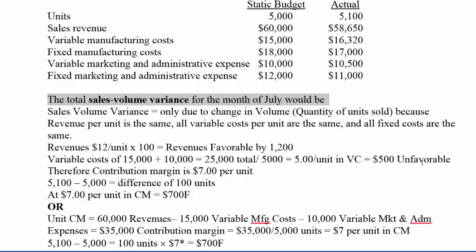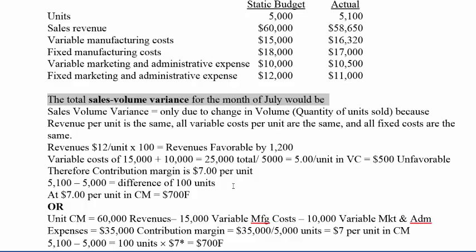So if you need to, draw out those two columns, the master static budget column and the flexible budget column, and compare them that way, if that makes more sense to you. We would have been able to see that it was a $700 favorable sales volume variance.